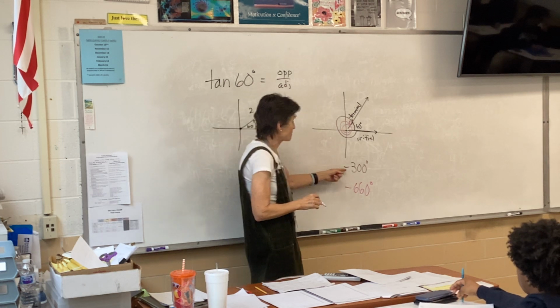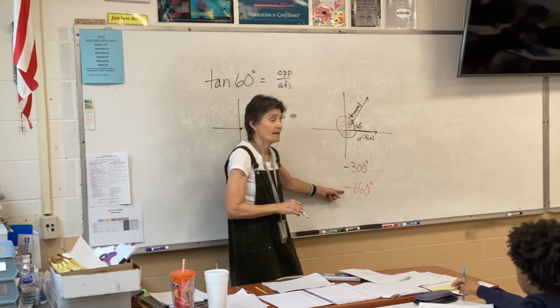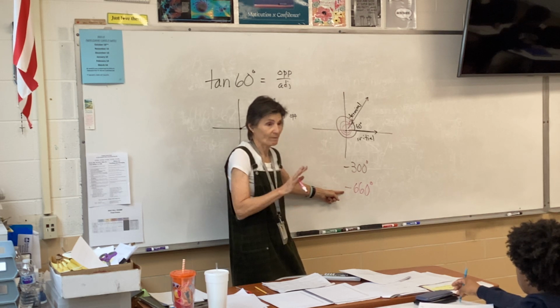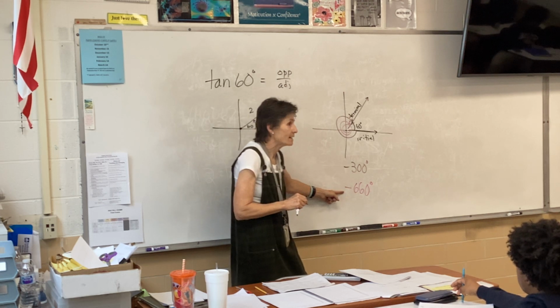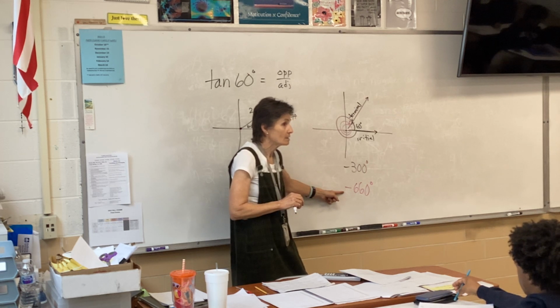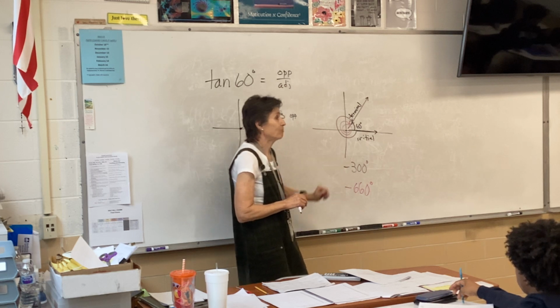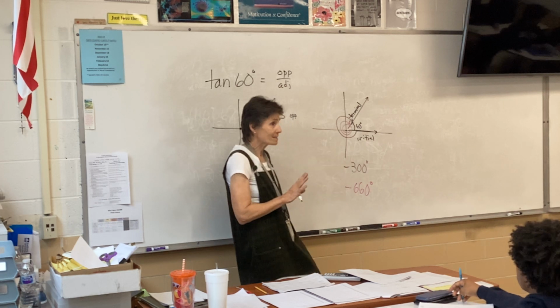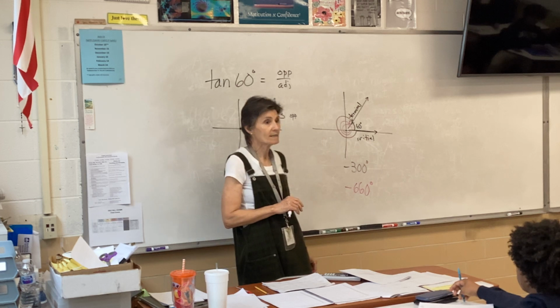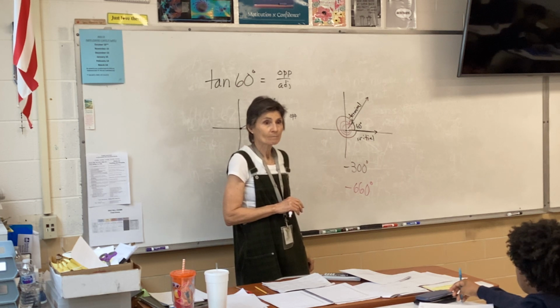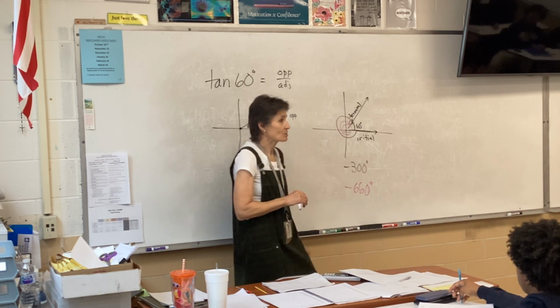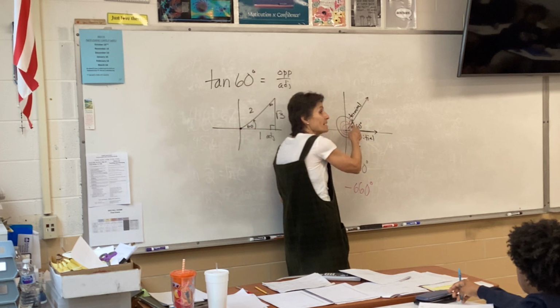What's the difference between Lewis's angle and Oliver's angle? A revolution. Oliver just added an extra revolution. Could he have added 2 revolutions? Yeah. How about 420? Would positive 420 be coterminal? Yeah, because that's just a revolution and 60 more.